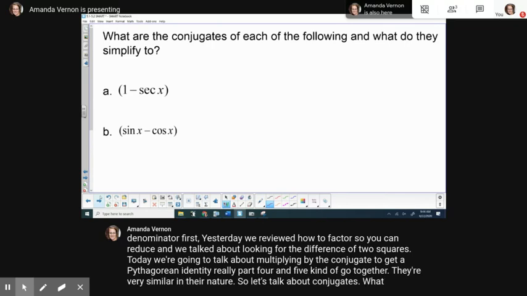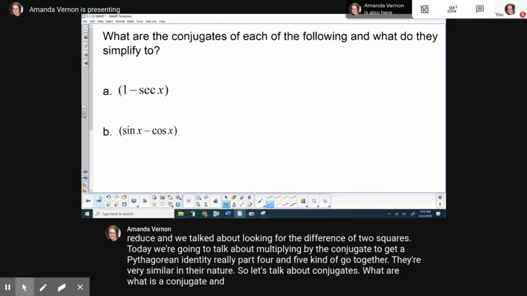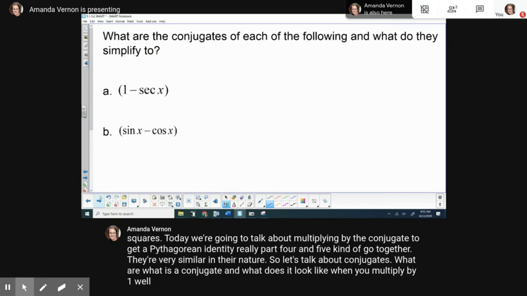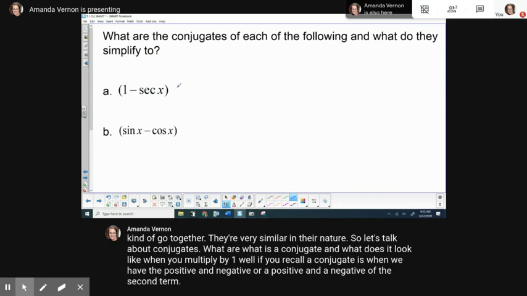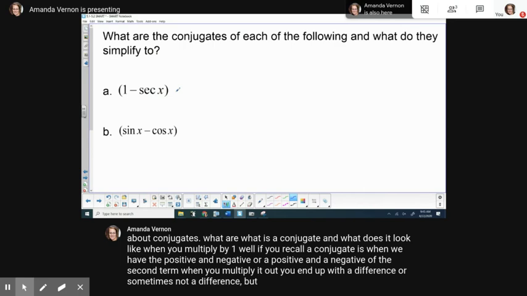What is a conjugate and what does it look like when you multiply by one? Well, if you recall, a conjugate is when we have the positive and negative of the second term. When you multiply it out, you end up with that difference of 2 squares showing up.